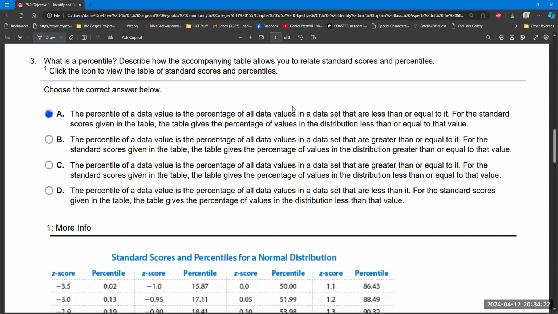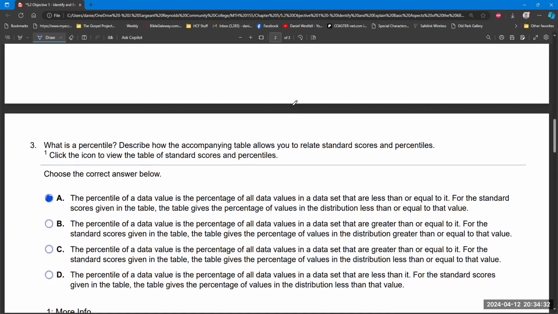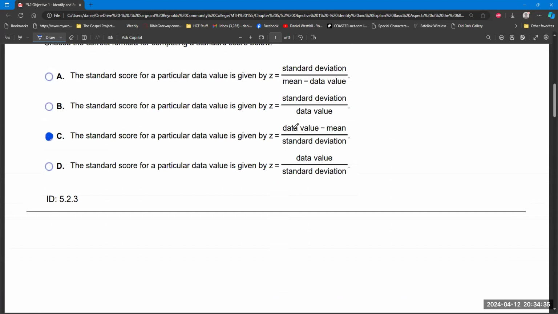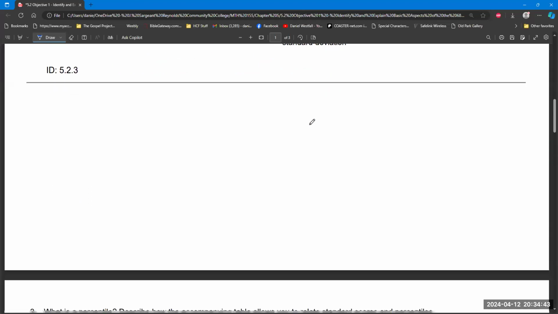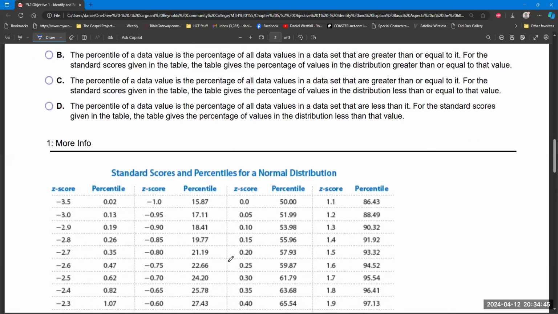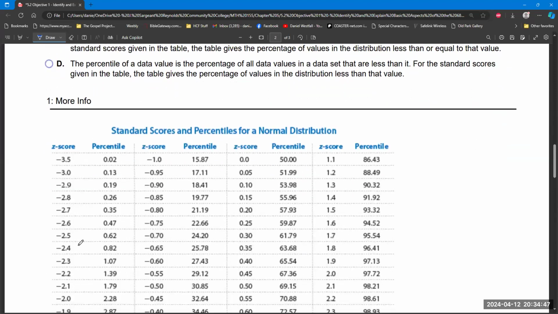So what we can do is take any normal distribution that has any mean and any standard deviation. We know that it's normal, and we can convert what we call a raw score, or the data value in our formula, and we can convert that to a z-value and then look it up in the z table with its z-score.